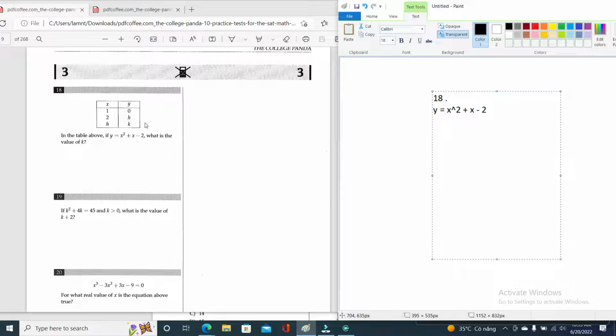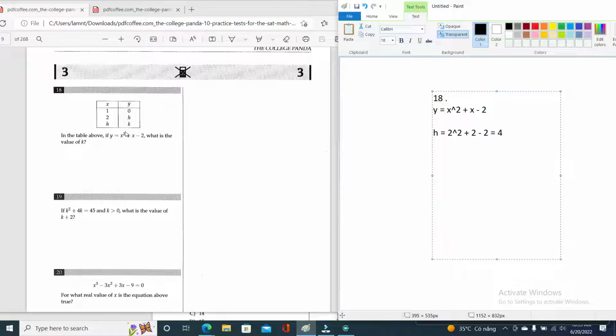So first, k is generated by inputting h as x, right? So first of all, we have to find h. h is going to be equal to 2 squared plus 2 minus 2, because we plug in x equal to 2, so h is y, which is 4.